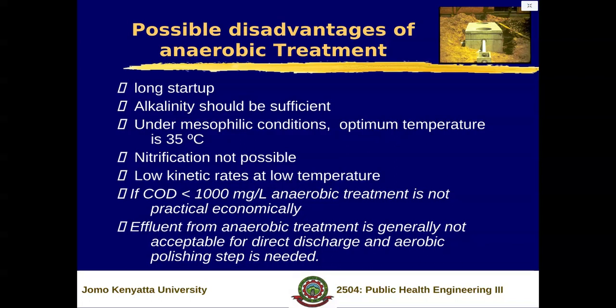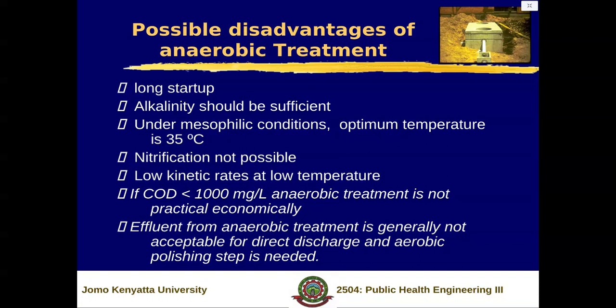So you still get a lot of nitrogen and phosphorus at the end. It's very much dependent on the ambient conditions, and it's not very good when you have very high CODs. And as we talked about, the effluent from anaerobic processes is generally not acceptable for discharge, so we still need to do some polishing.